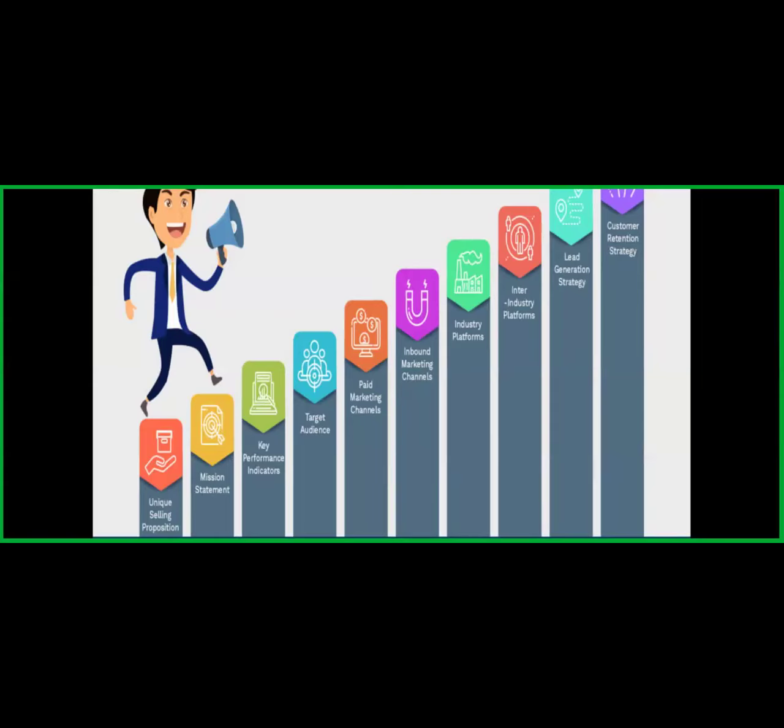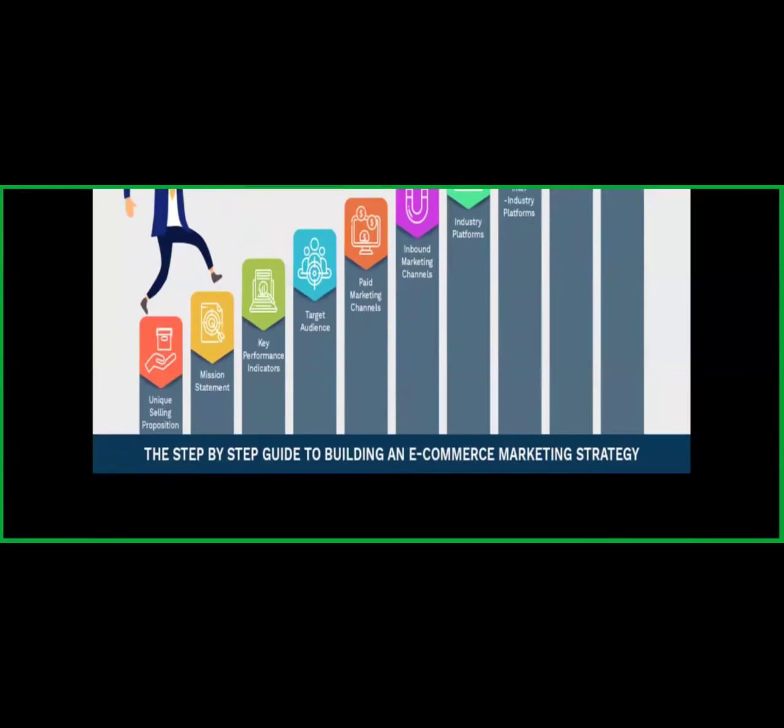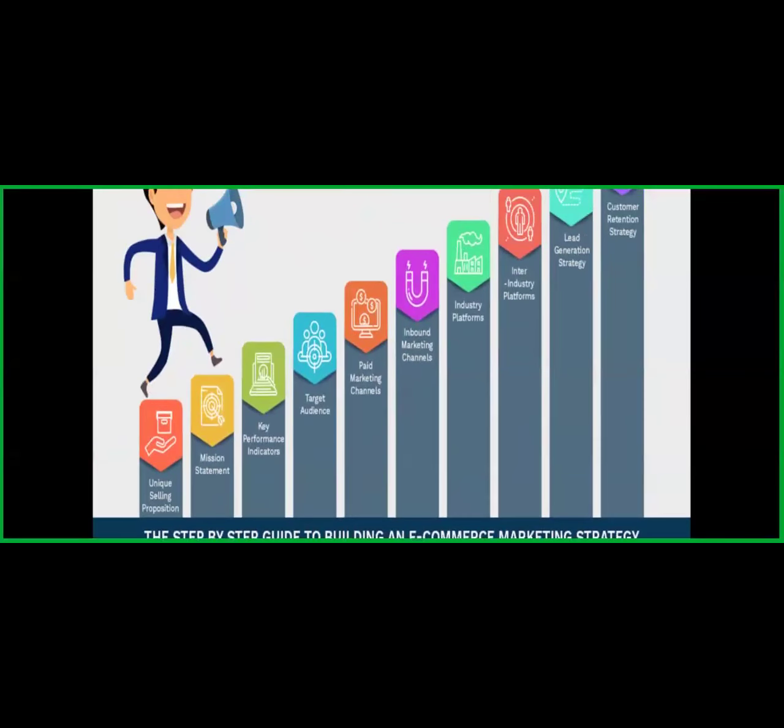If the ceiling fan costs 2000 rupees, a 5% benefit will be given to you. This is one of the strategies. So companies are coming up with this type of strategies to retain their customers, right? This is related to e-commerce marketing strategies.